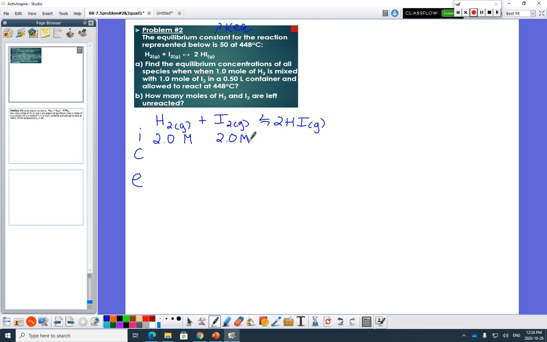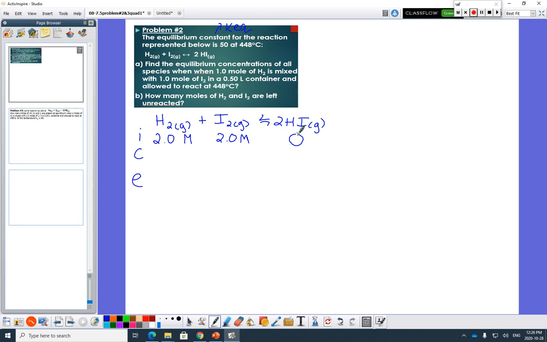Okay, so this is most of what the questions would look like. You're given information about what hydrogen and iodine, which are the reactants, are initially, and you're not told anything about the product. But it makes sense that you don't have any product to start with, so it's 0. This is most reactions. You start with reactants, you put them in, and you make some product, right?